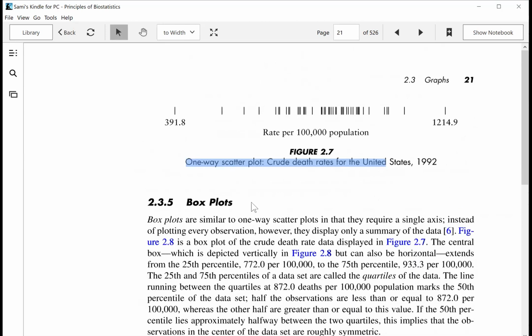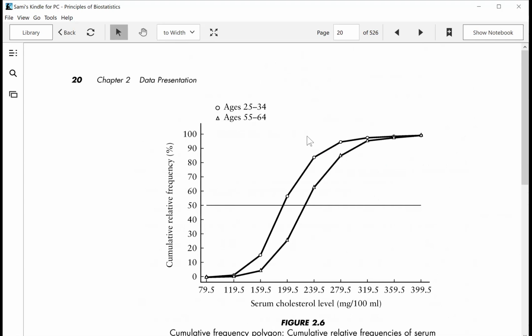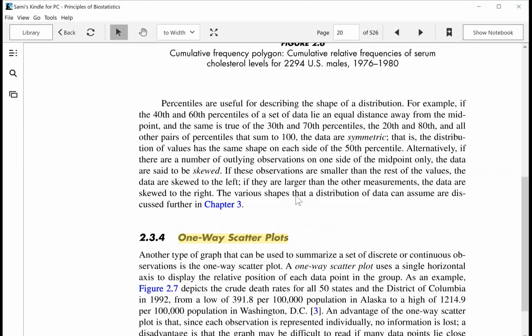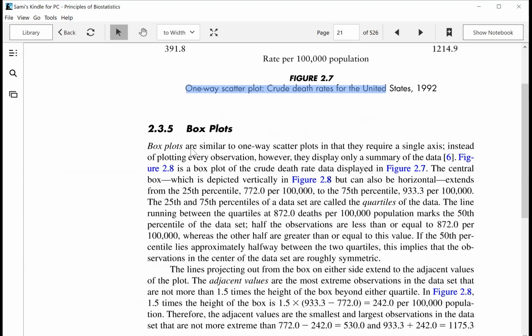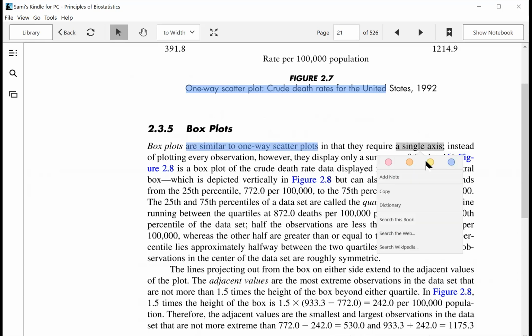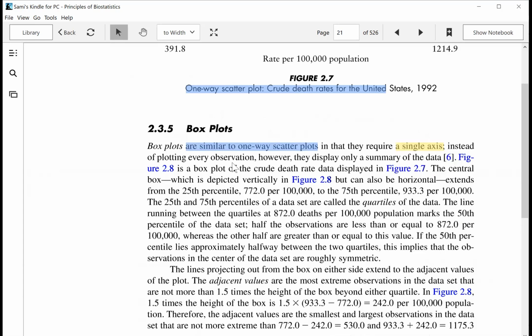And then you've got box plots. Box plots are similar to the one-way scatter plot that you saw above in that they require a single axis. Instead of plotting each observation, however, they display only a summary of the data.